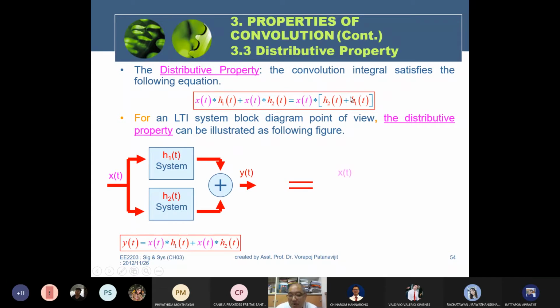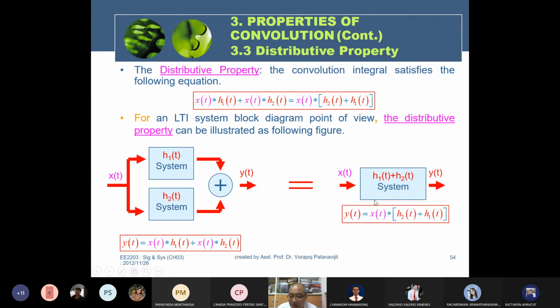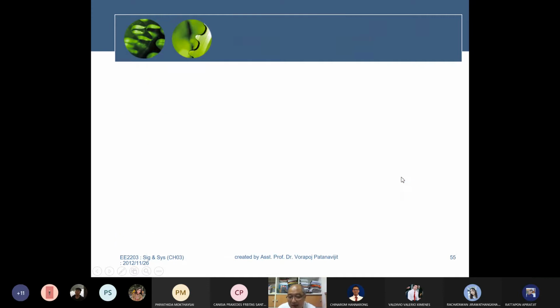Or you can see them as a single big system, and the output will be in this form. From the physics point of view, it is impossible to exist in the real world as a single system. You have the first motor and the second motor. Can you feel them to be a single motor? No, it's still two motors inside it.